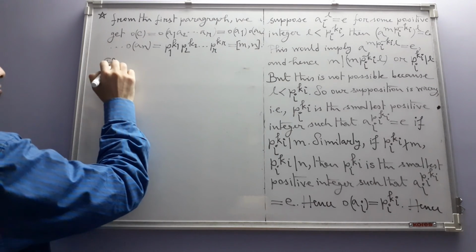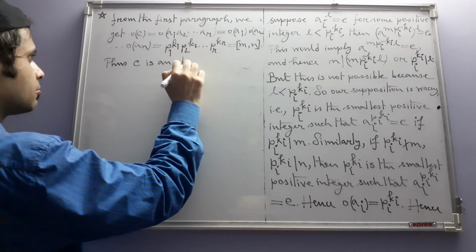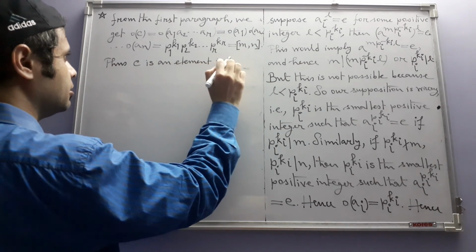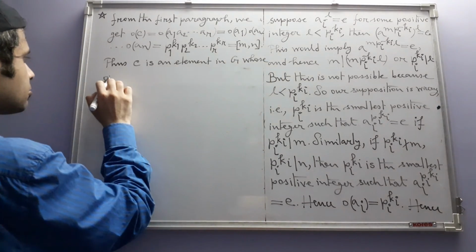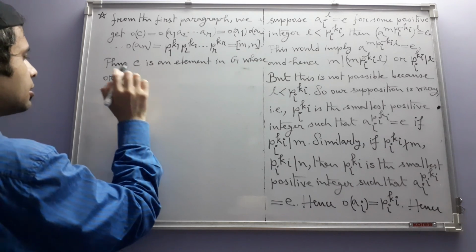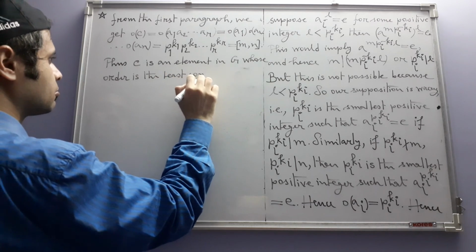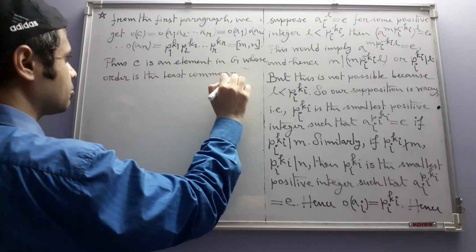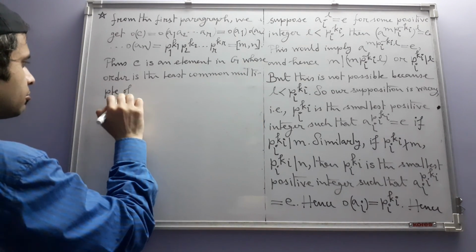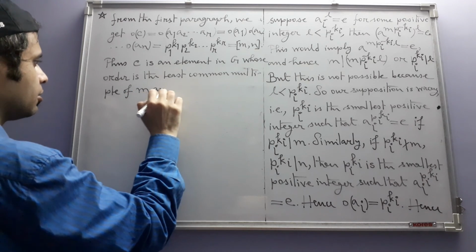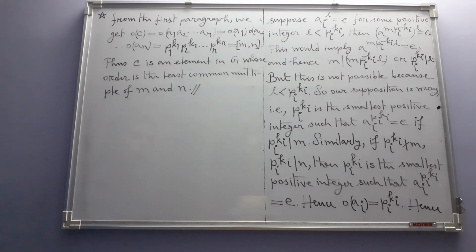Thus, c is an element in G whose order is the least common multiple of m and n. So here this solution ends.